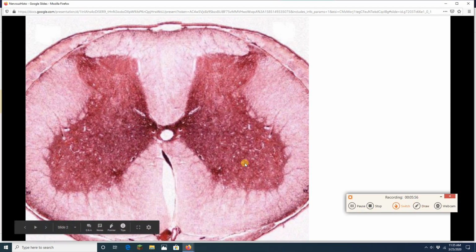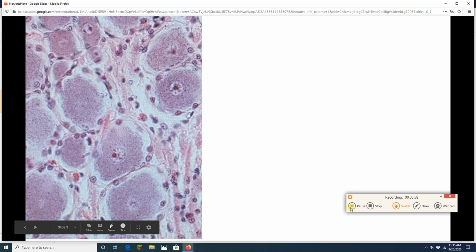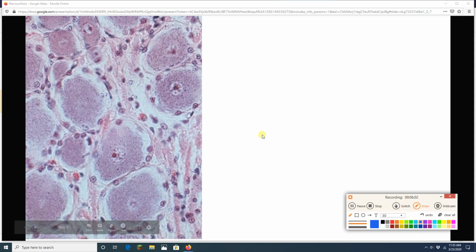We have one more picture to look at. What we're doing right here is zooming in on the dorsal root ganglion. Now you know what a ganglion is, hopefully. A ganglion is a collection of neuron cell bodies. Better word for cell bodies is somata.